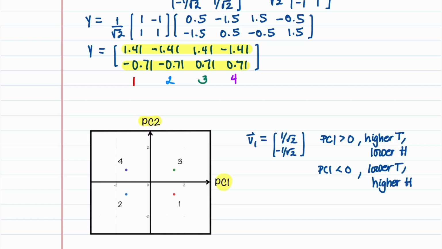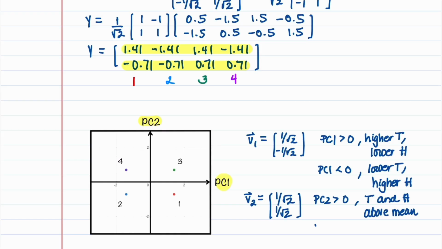Let's now look at our second eigenvector. Its components were equal. The second principal component scores point in a direction where temperature and humidity rise or fall together. Positive PC2 scores correspond to when temperature and humidity are above the mean.